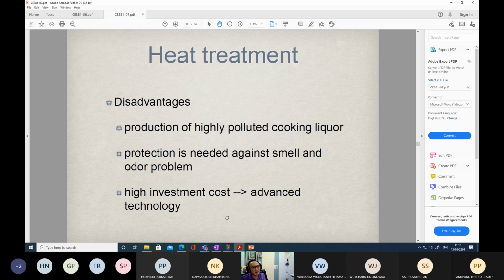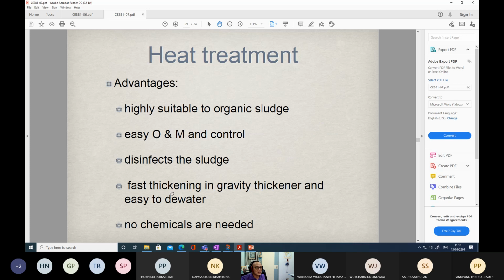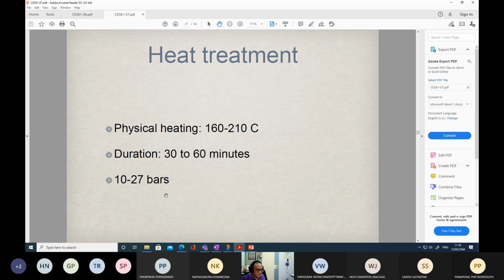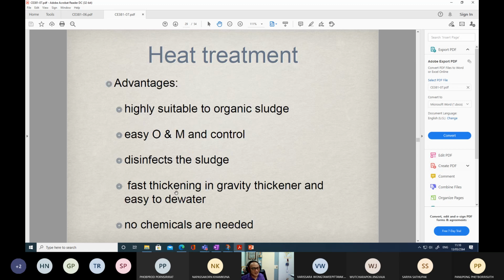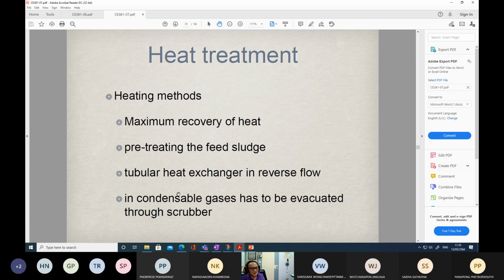High investment cost. This is a kind of advanced technology, as we have to use very high pressure and very high temperatures. You cannot just use conventional kitchen cooking facilities. So we need some advanced equipment to handle this process.